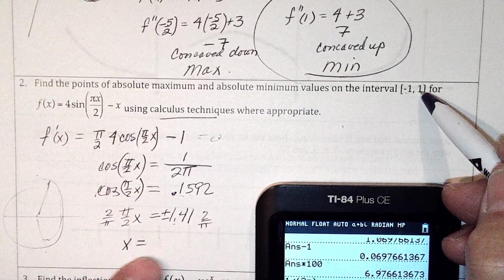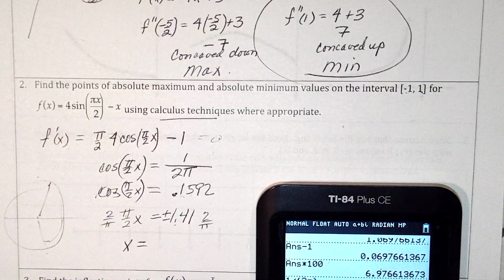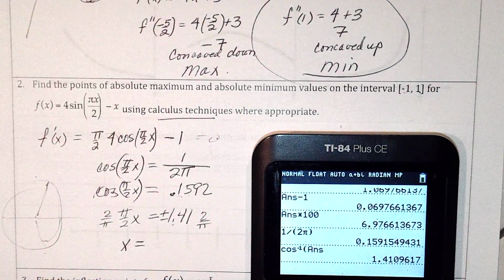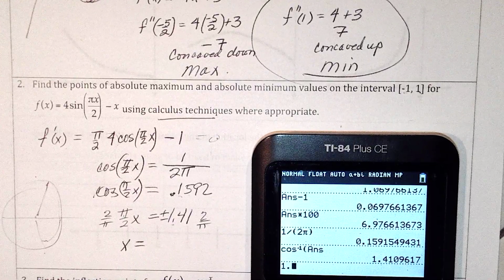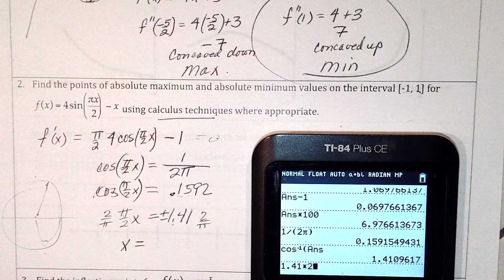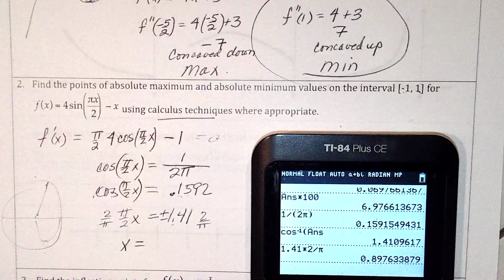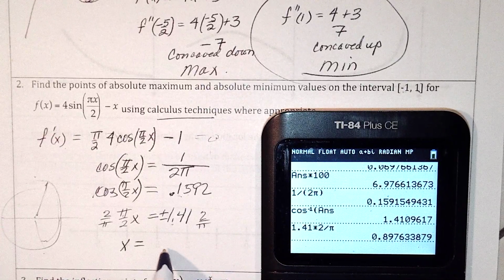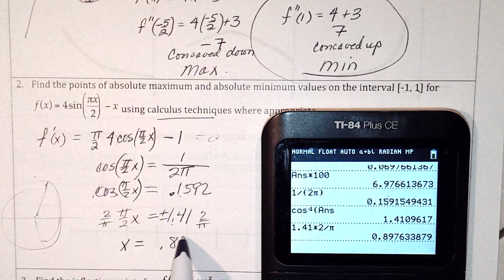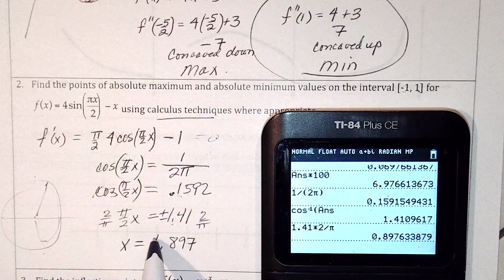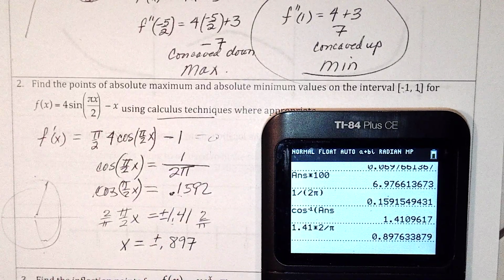Let's see what the answers are. 1.41 times 2 divided by pi is 0.89, plus or minus.